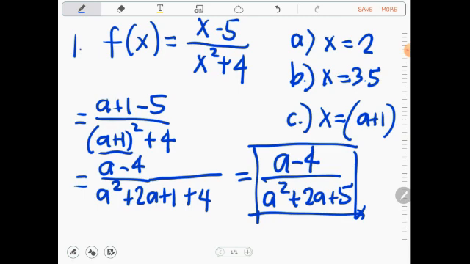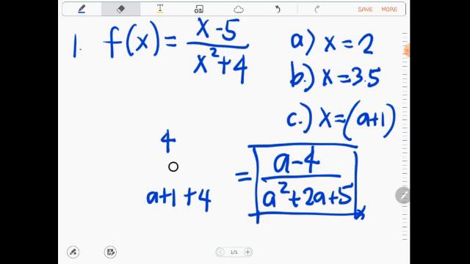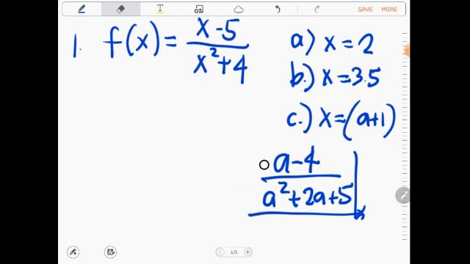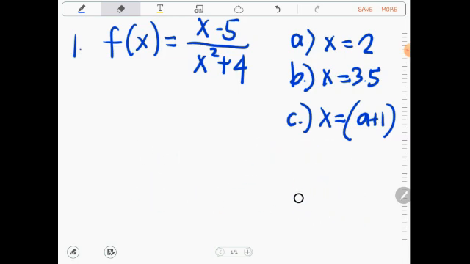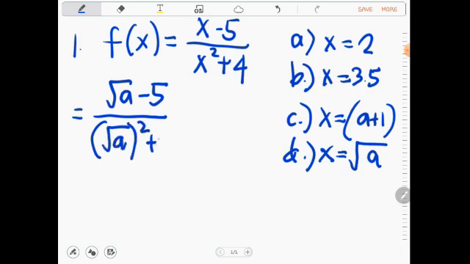Okay? For letter D naman, yung ating value of x is equals to the radical. So, square root of a. Ganyan. And this would be equals to, yung numerator natin ay square root of a minus 5 all over quantity square root of a squared plus 4.